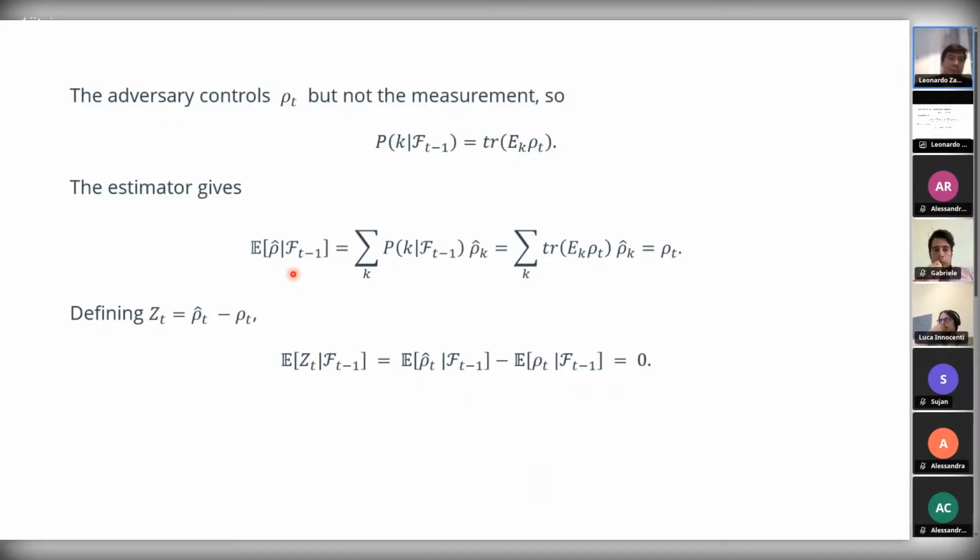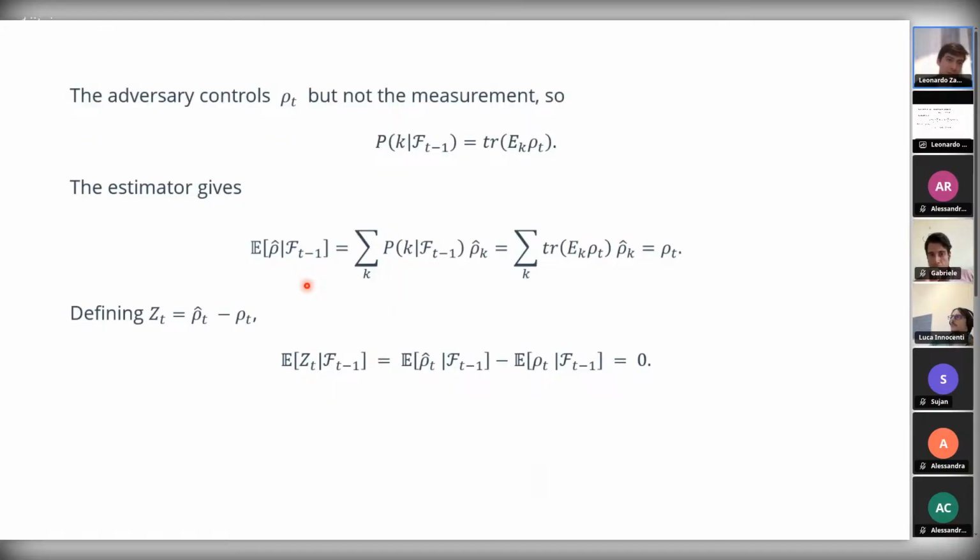And this is saying the same. If I cannot predict the Born rule or the result of the next measurement, I won't be able to design a state that is able to bias the error of the estimation on average.